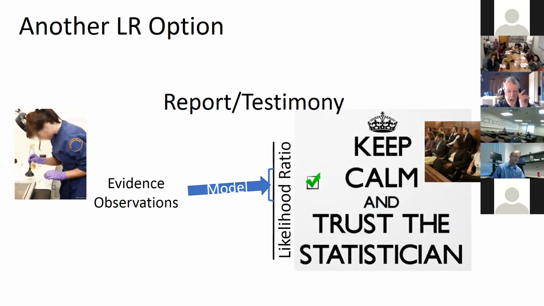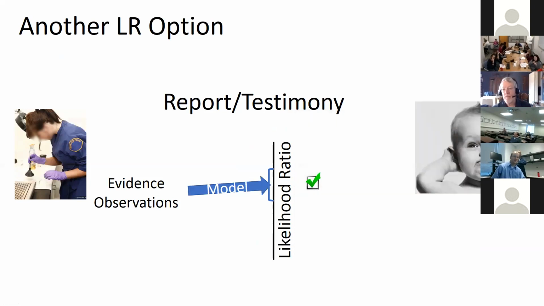But even under this setup, some of the research that Bill Thompson has executed has shown that the jury doesn't always understand a likelihood ratio characterization, even when we're trying to get down to a single model and a single value associated with that.